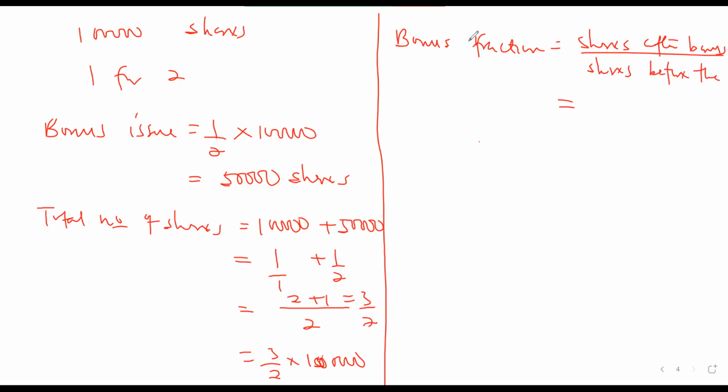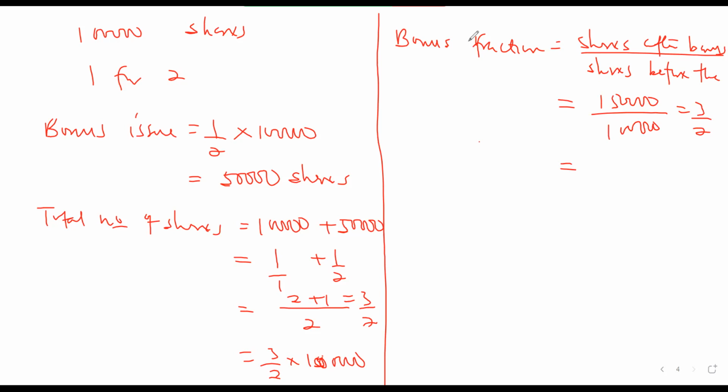So the shares after is 150,000 and before is 100,000. You can see that this is the same as 3/2. Or sometimes you can use the unit base. I'm giving you 2 for 1, so it means that I will still have my 2, then I'll be adding a 1 to it. So the shares now on unit level will be 3, and the existing shares will now be 2. So that is the bonus fraction.